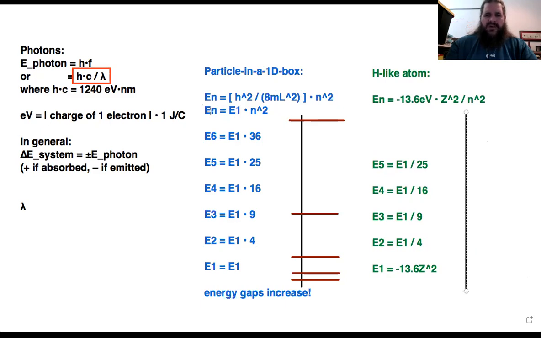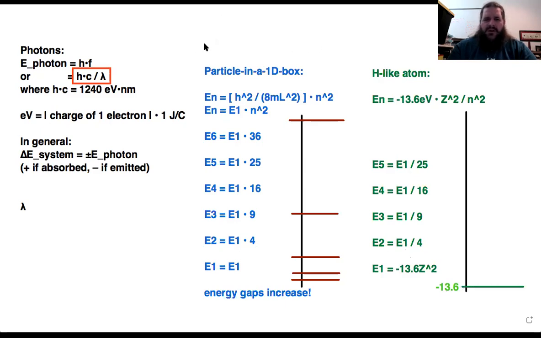our lowest possible energy would be the negative 13.6. But the next one up would be 1/4 of that, which is negative 4 point something, no, wait, is that it? Negative 3.4.